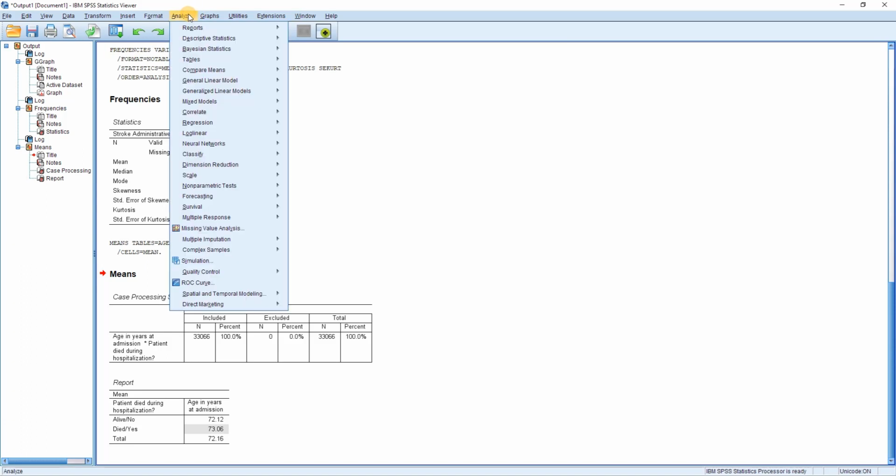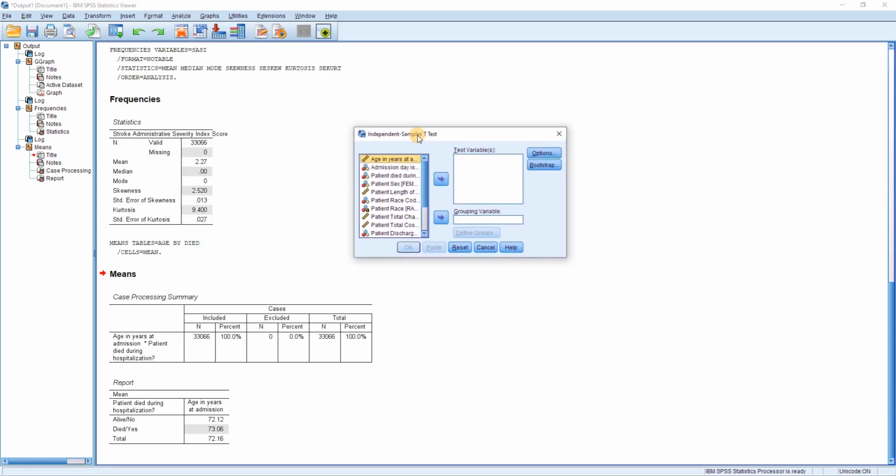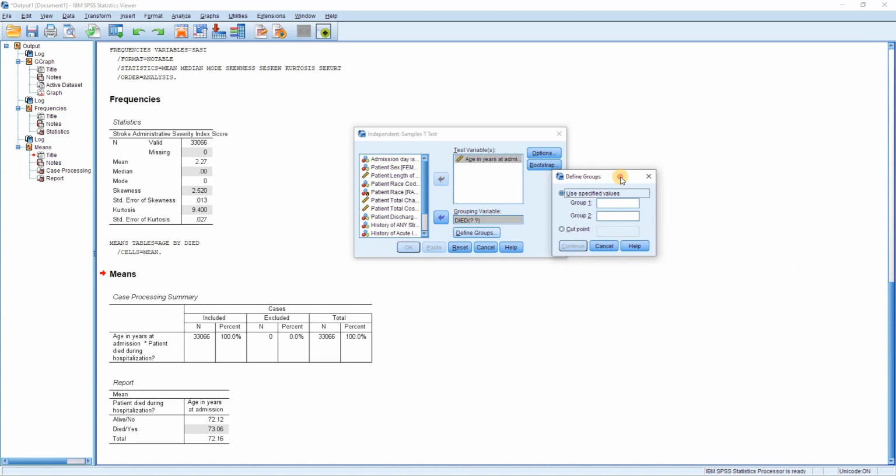So again, we'll go up to Analyze, Compare Means, and do the independent sample t-test. And my test variable, again, is going to be my age. And my grouping variable, or my independent variable, is going to be if the patient died or if they survived. And again, you have to remember to define the 2 groups that you want.